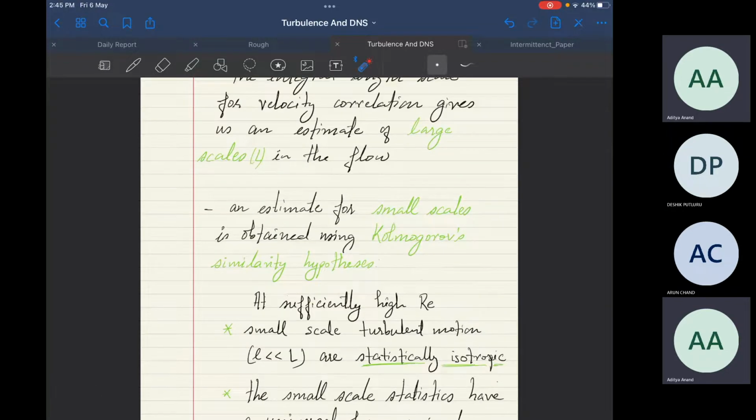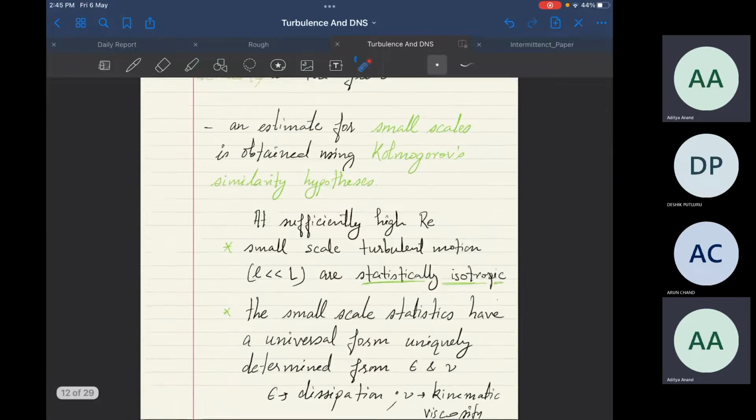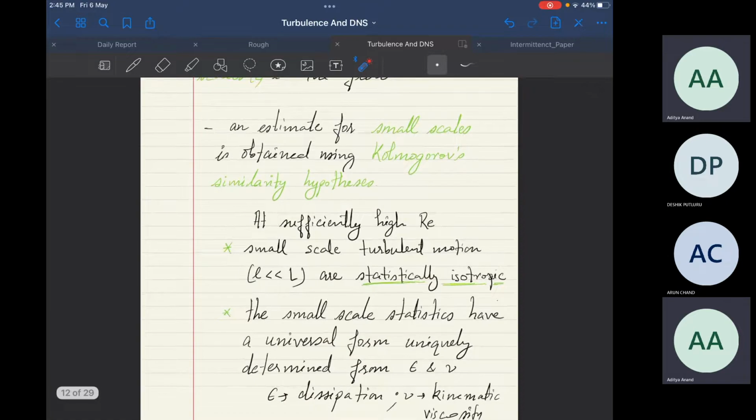What I mean by that is, let's consider a jet for an example. There is a jet issuing from an outlet, or let's talk about rockets.